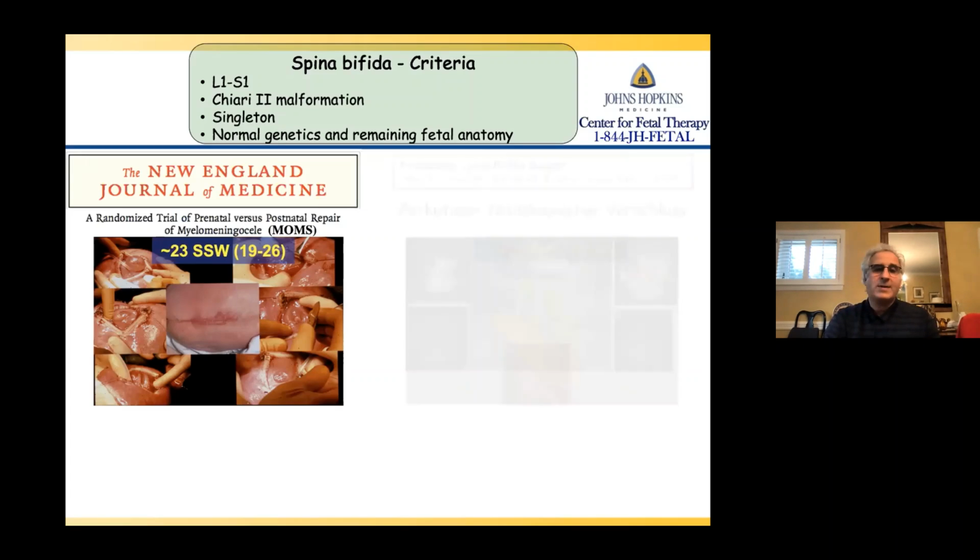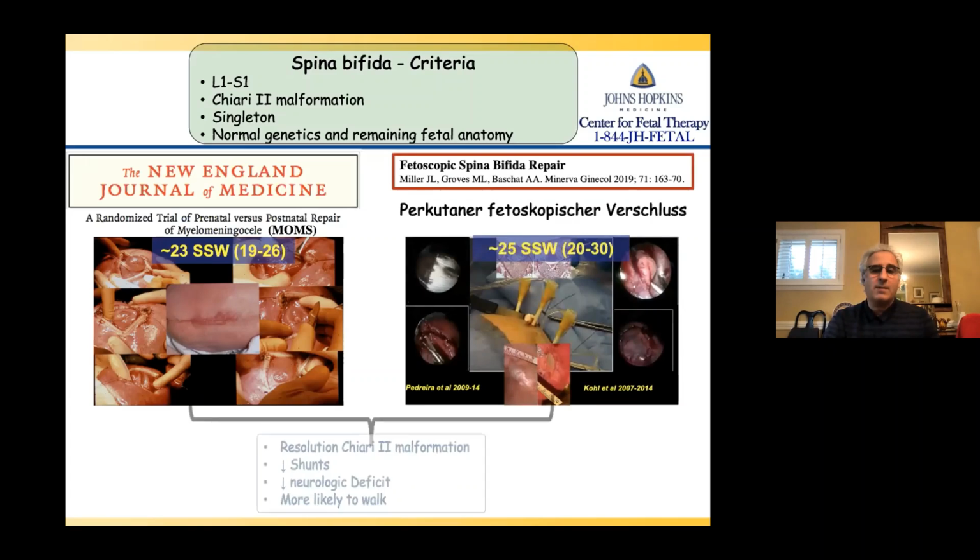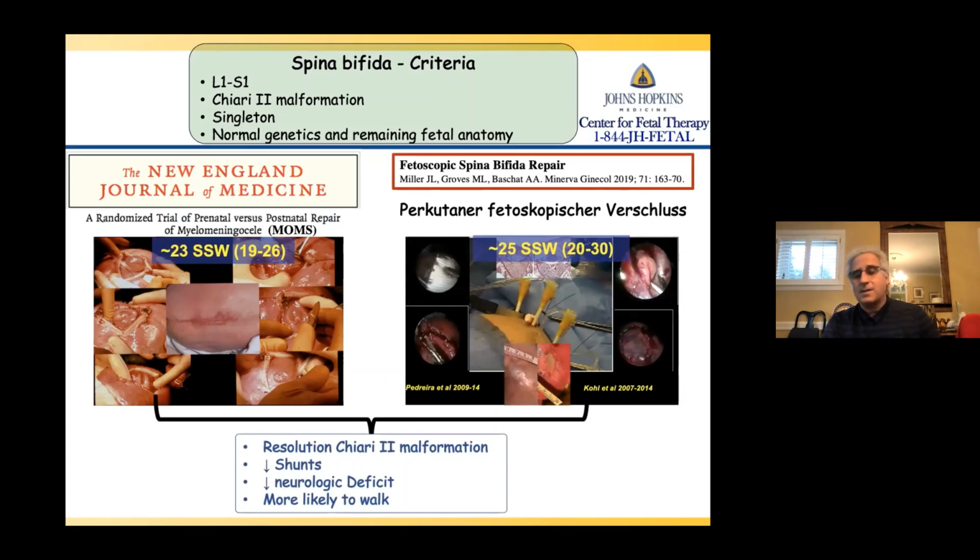But what this trial determined is that hindbrain herniation, the pulling down of the brain that is responsible for the need for shunting and all that, was significantly reduced, to about 20%. The neurologic deficit was far less, and babies were more likely to walk. So for patients that meet a certain severity criterion, this has become the standard of care if you can offer it.